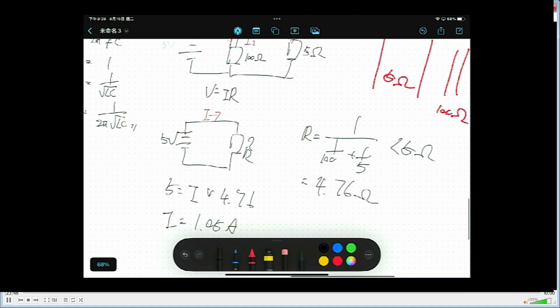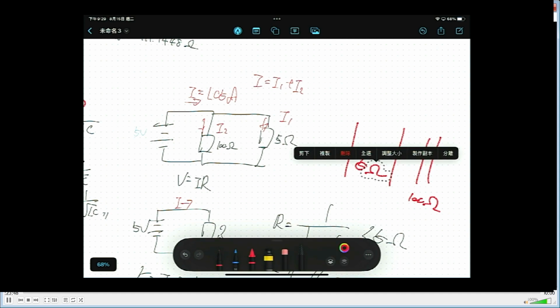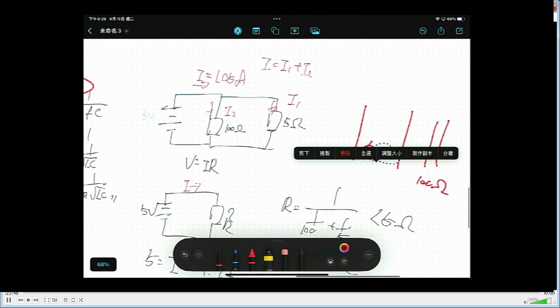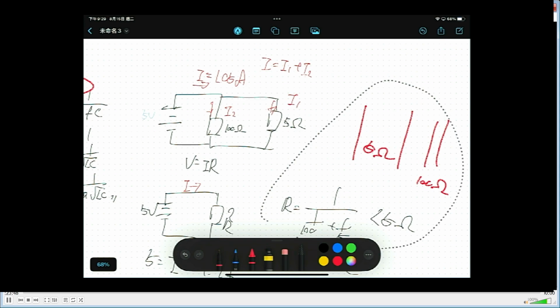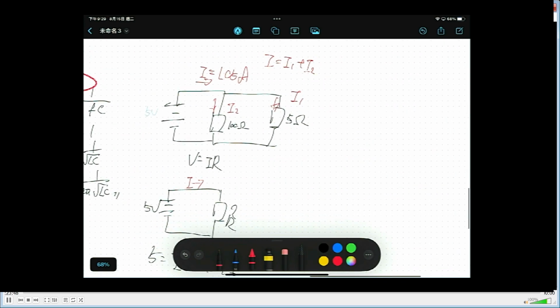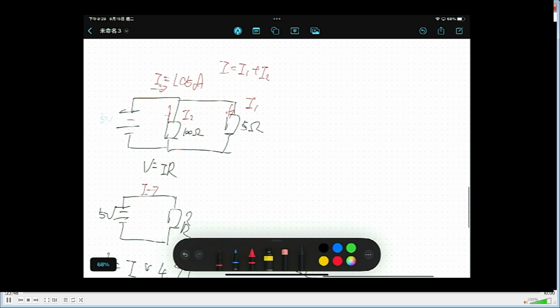Okay, so you now know that I equals 1.05. Does it make sense? Okay, let's continue. So you know that I equals this one.